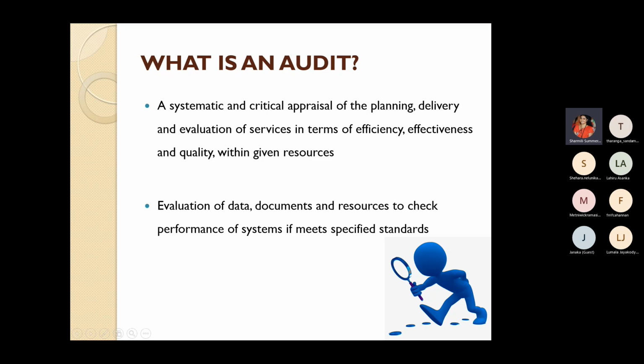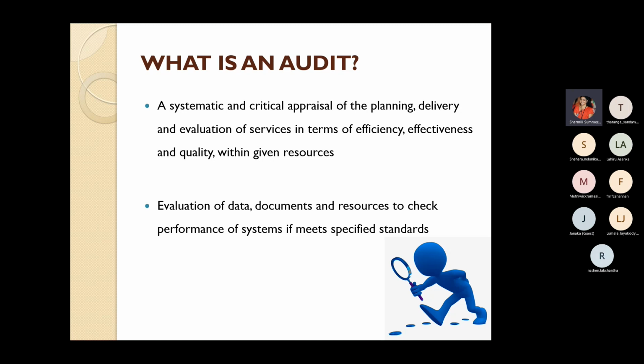So how we plan a care, how the care was delivered, and what the outcome of the care was, in terms of efficiency, effectiveness and quality within the given resources.